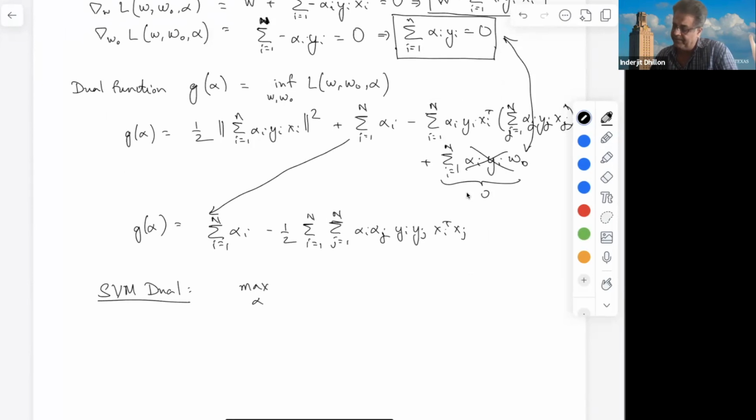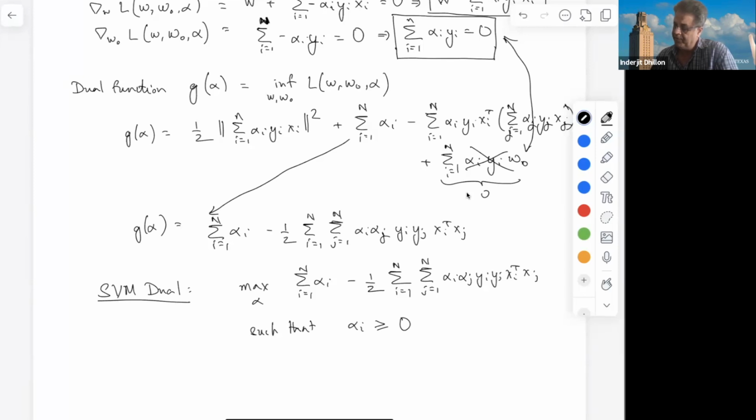So I maximize over alpha, summation of alpha I, I equals 1 through n, minus half, I'm just copying what I have above, summation over I equals 1 through n, J equals 1 through n, alpha I, alpha J, yi, yj, xi transpose xj, such that, remember, I have dual feasibility.